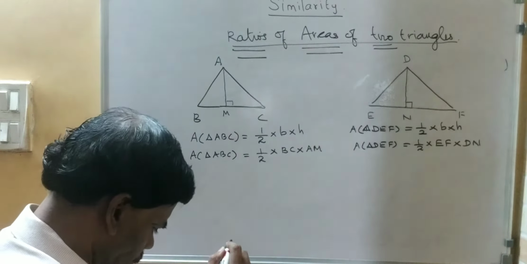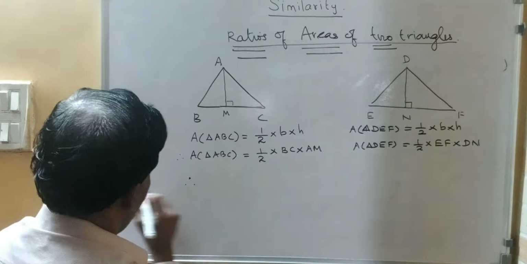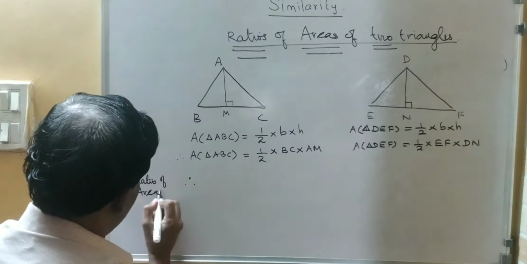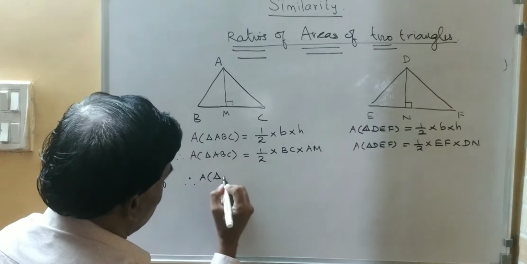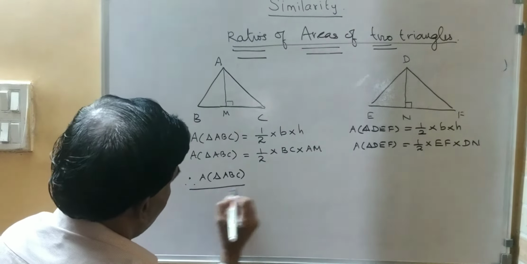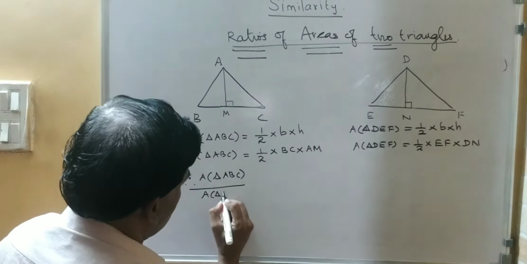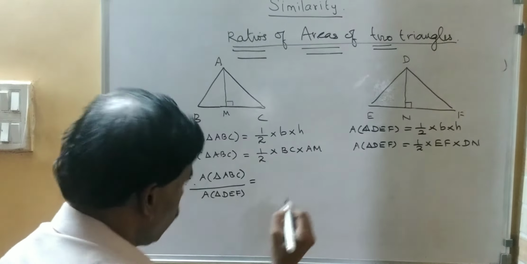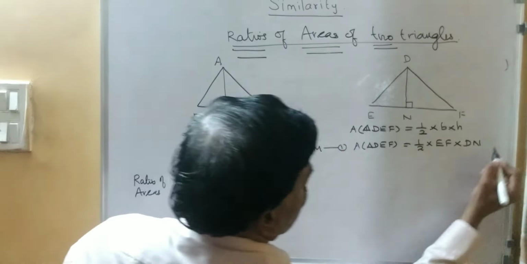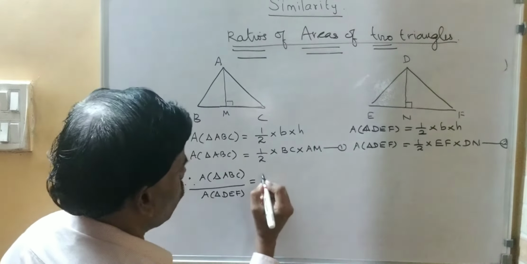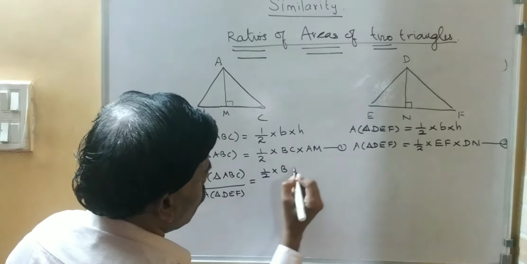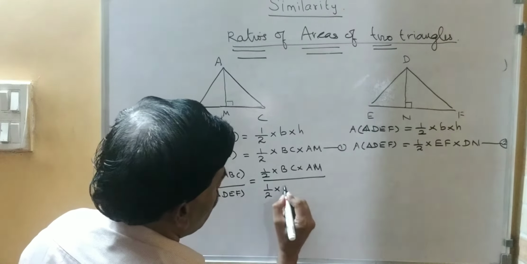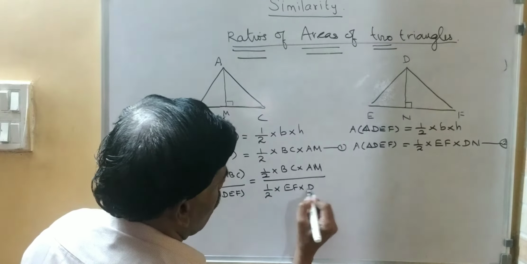Therefore, the ratio of areas, area of triangle ABC upon area of triangle DEF equals, this is equation number 1, this is equation number 2, half into BC into AM upon half into EF into DN.